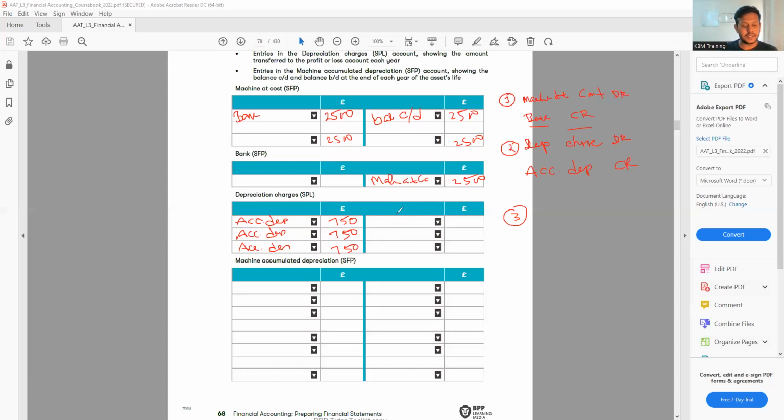Be very careful with that. So you're going to say P&L account 750. All the depreciation belongs to the profit and loss account.